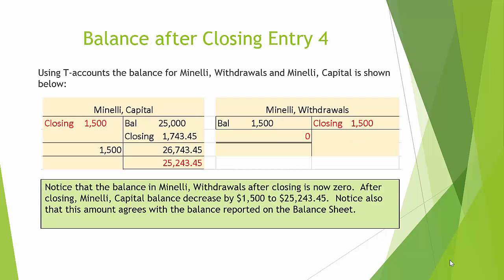Again, looking at the T accounts, we can see the Minelli withdrawal account is now 0 and Minelli capital has decreased from the previous balance of $26,743.45 to $25,243.45. Notice that this amount agrees with the balance reported for Minelli capital on the balance sheet.